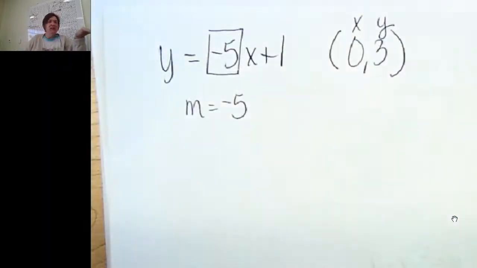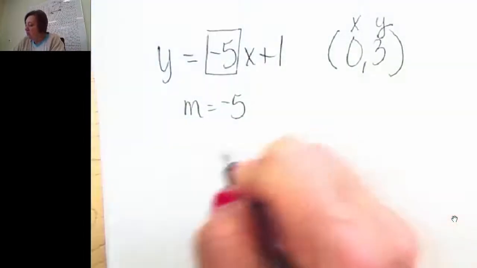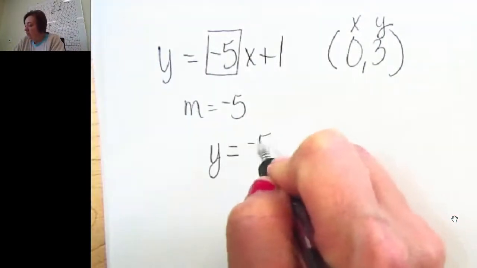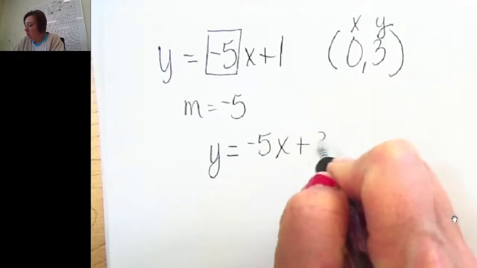Whoa, x is 0? Where is that located? On the y axis, which means that is my y-intercept, right? If it's on the y-axis, that is the y-intercept. So that's going to be y equals negative 5x plus 3.